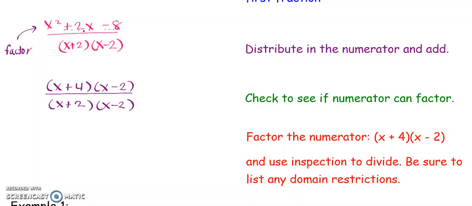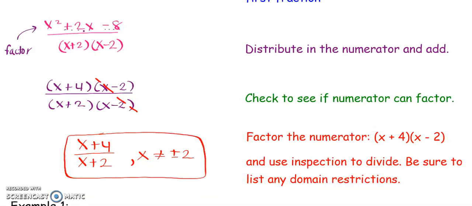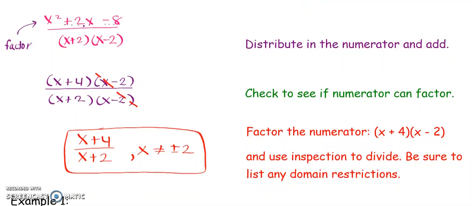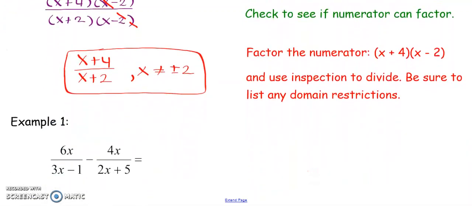Now we can see where these x minus 2's will cancel, and all we're left with is x plus 4 over x plus 2. But remember to list those domain restrictions that we found at the beginning. Okay? So let's try a few more. If we come down to example 1.